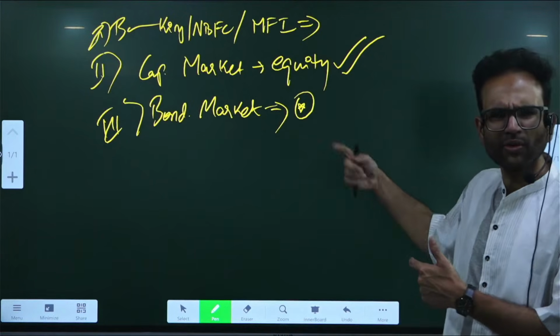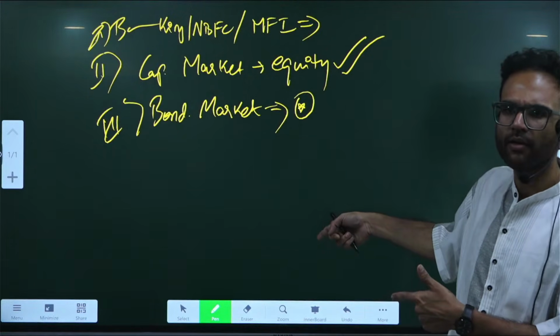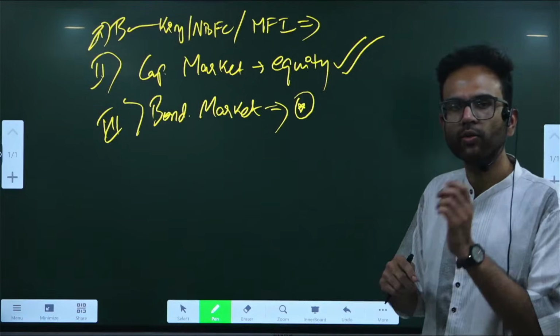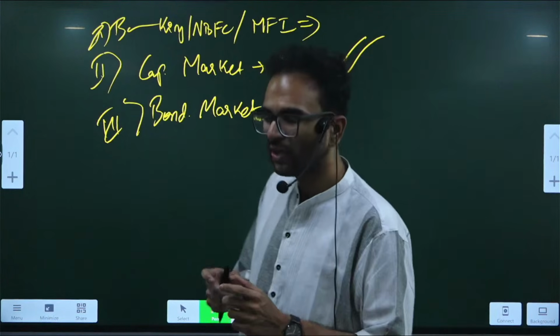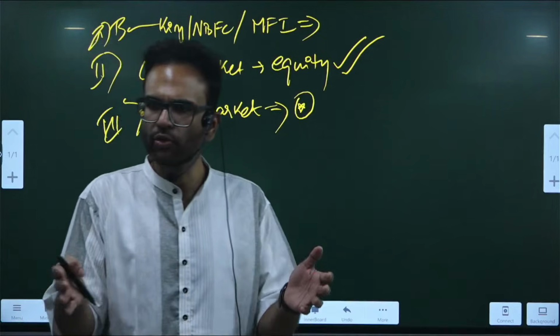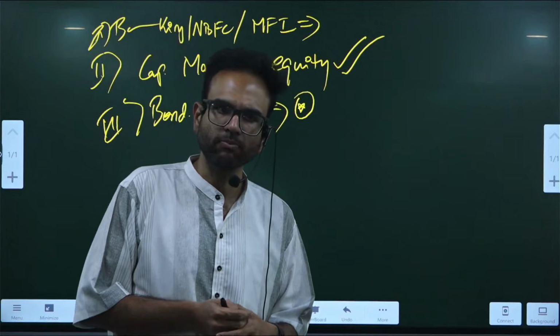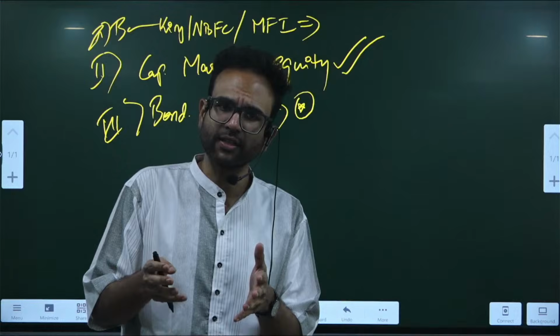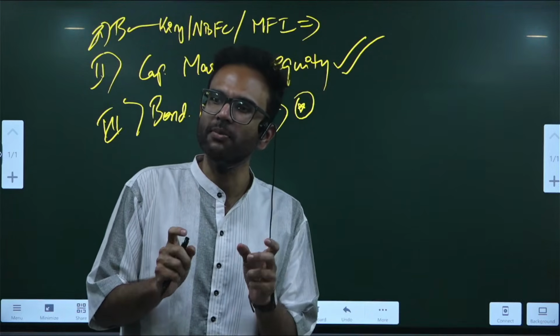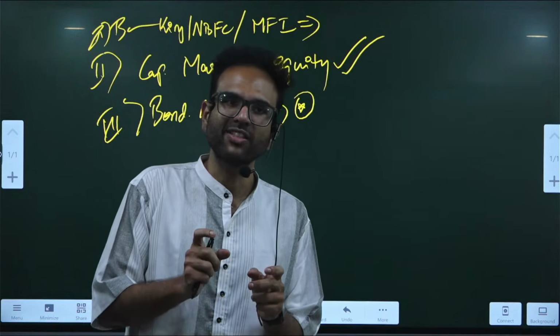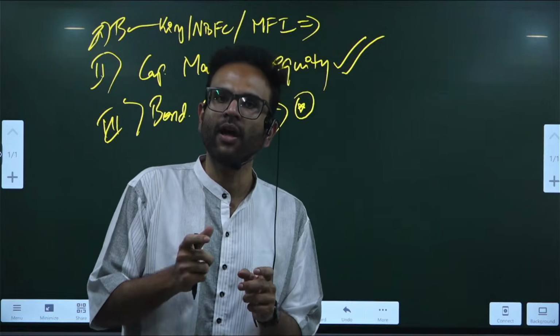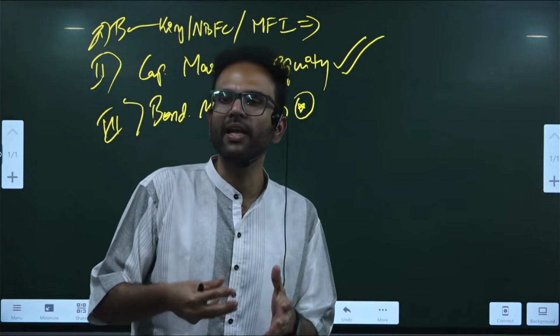So go through the data given in the survey. Note down the exact numbers. Just go through the data. A 7x to 10x increase is not just a one-time event. It is a structural shift in how Indian households are moving their money.